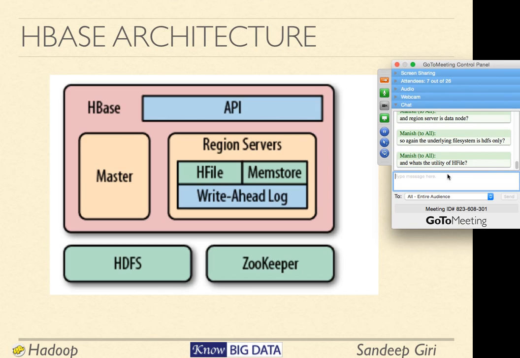So Manish's question is, what's the utility of HFile? HFile is basically a class object. It is a representation of a file that is going to be stored in HDFS. So HFile, memstore, and write ahead log are internal objects via which the file and the data is stored into HDFS.